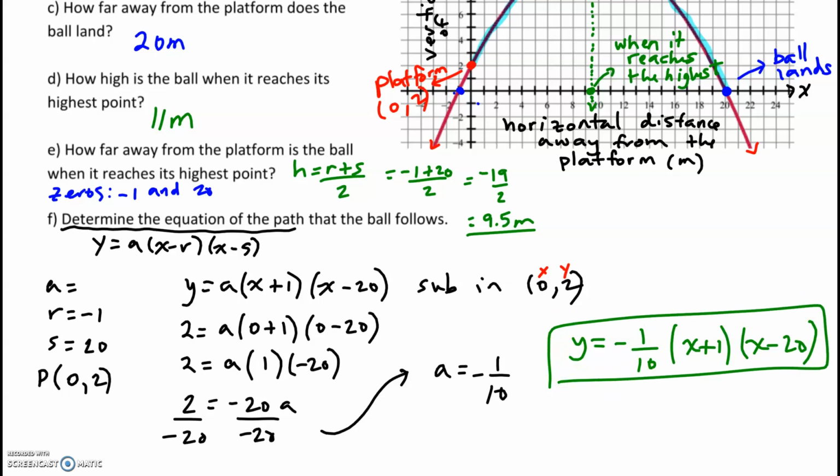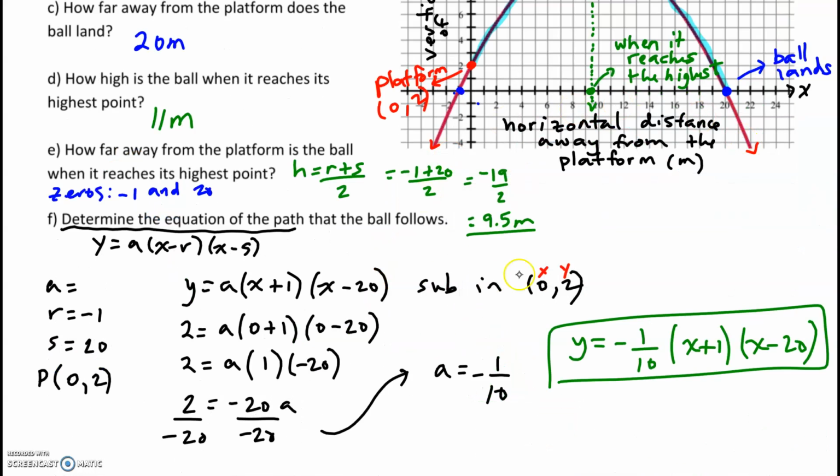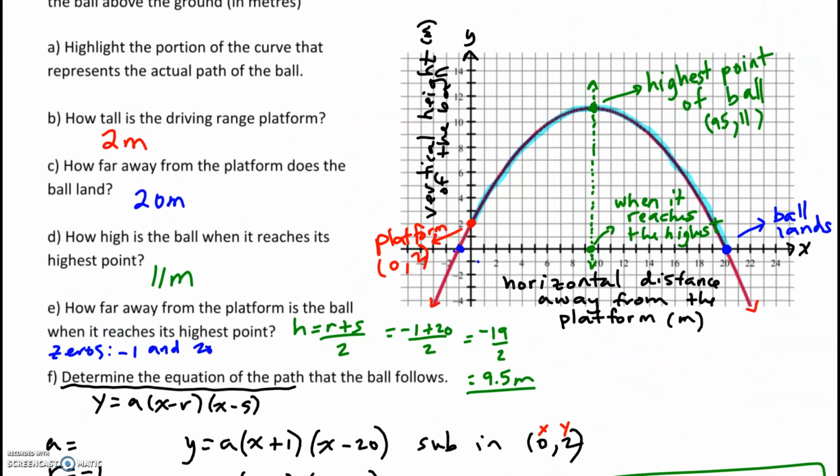All right, now I just want to come back to our diagram here, and I want to point out something that is going to be important moving forward as we do more word problems, is that each feature of the parabola. So I have here my vertex, I have my y-intercept, I have my zeros, and I have the equation of the axis of symmetry. These are all the features of the parabola that we have been practicing how to find.